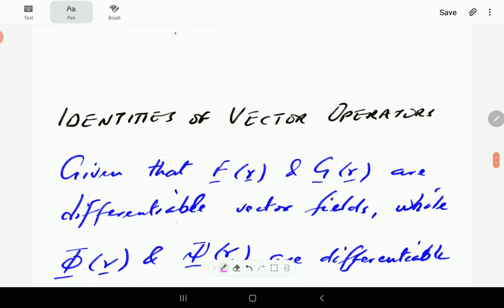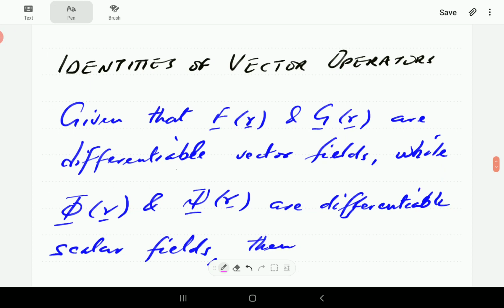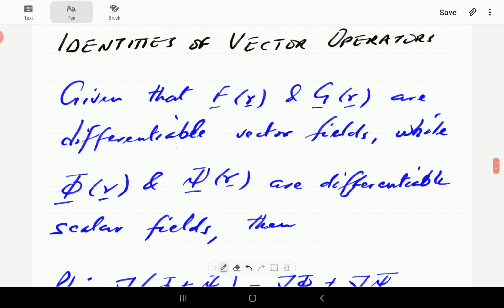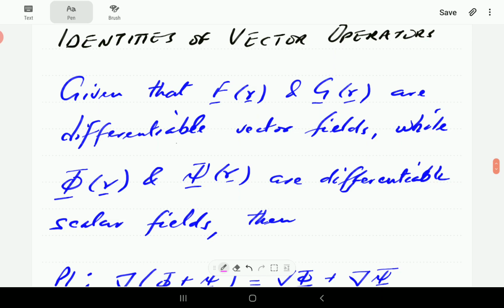Lastly in this video, we're just going to introduce some vector operators which are defined in terms of the del operator. It's not going to be a full list of them. We're just going to introduce about 9 or 10, and from these, if you come across others, we hope that you can understand how the principles follow.